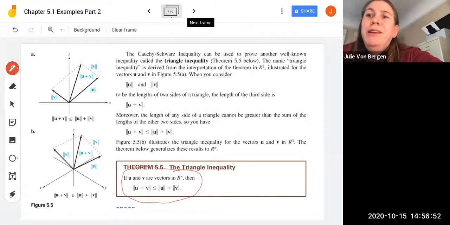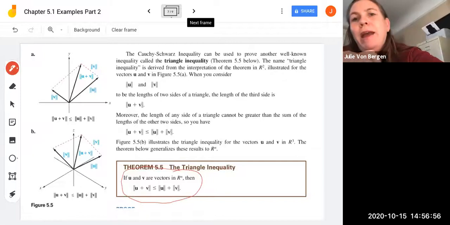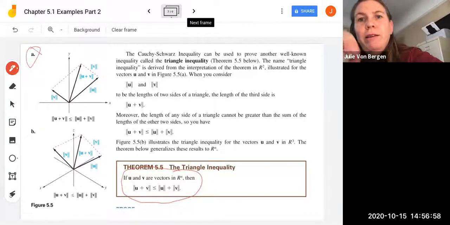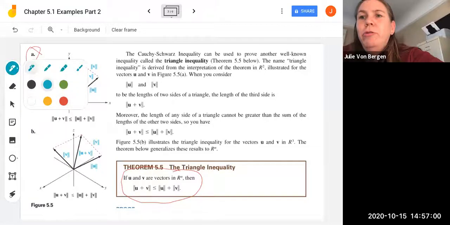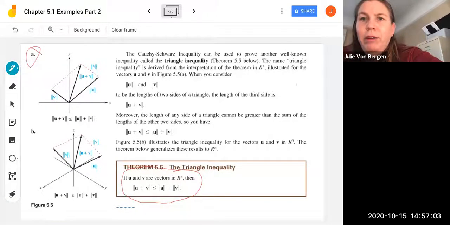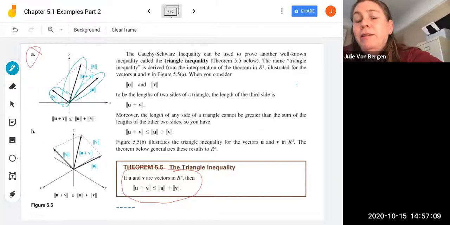The name triangle inequality comes from what we see here in diagram A, where we can draw these out in R2 as 3 vectors. The norm of v is the distance of vector v, the norm of u is the distance of vector u, and then the norm of v plus u is the distance of u plus v.